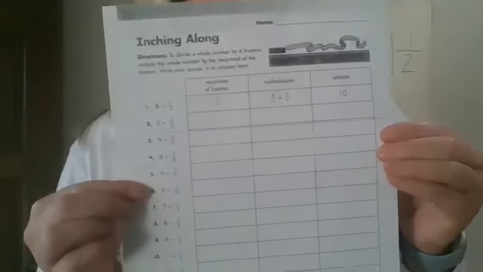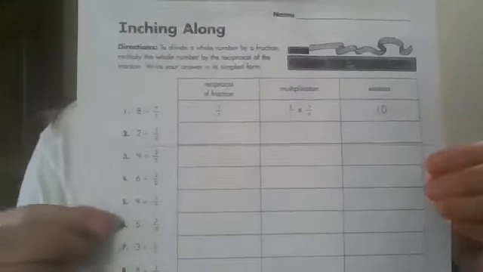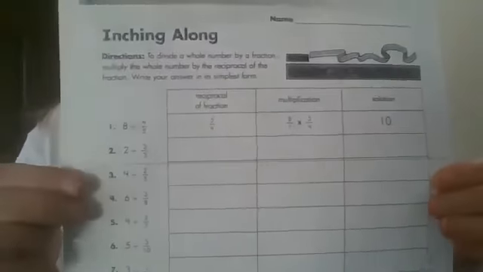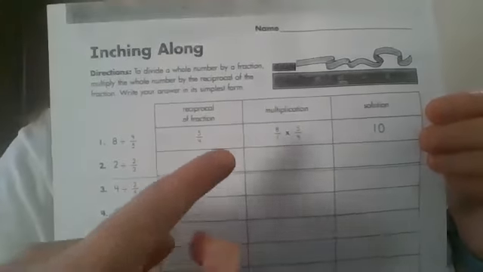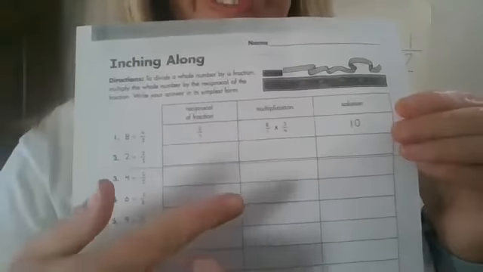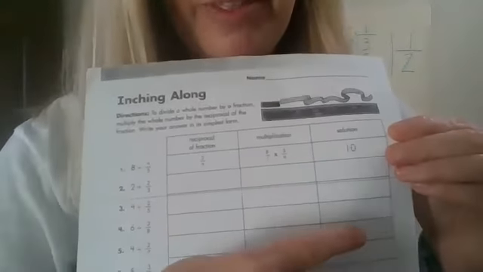Okay, so this is the page I'm working off of that you would have gotten at school. The whole number on this side is always first. So in this first column, you just create the reciprocal. Right here, you're taking the 4/5 that's here and just flipping it, creating your new problem, and then coming up with the answer.